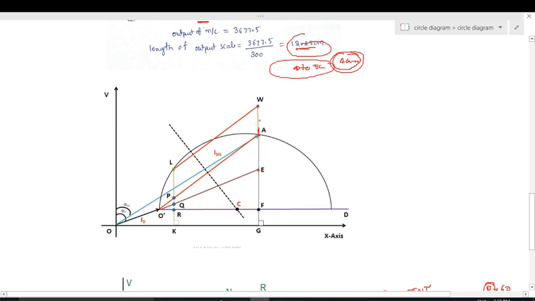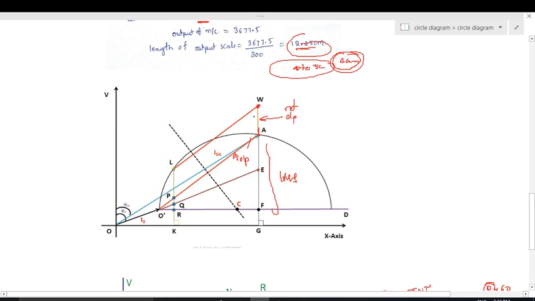This indicates the net output value, and these are the losses. To find the full load values, we should draw a line parallel to this output line.